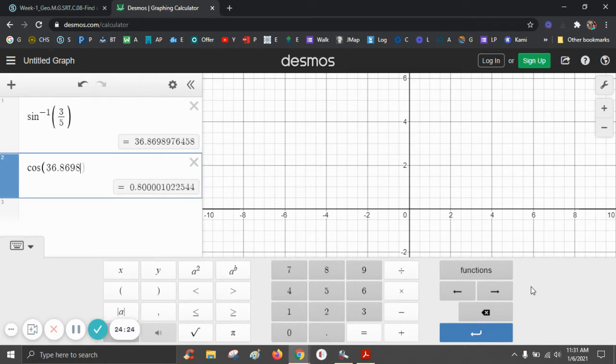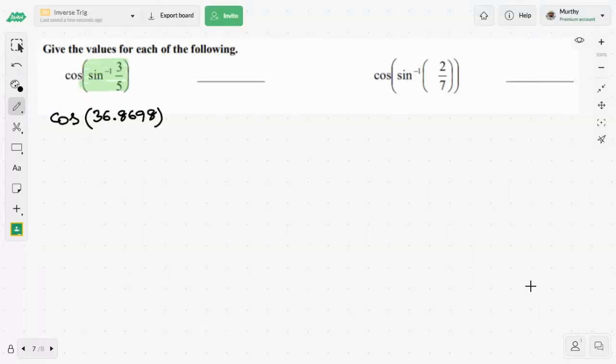If you want, you can copy from the above result, with more digits, 7, 6, 4, 5, 8. So this is 0.8. In fact, yesterday I explained how to use the Desmos calculator to get the value of any sine, cos, or tan.